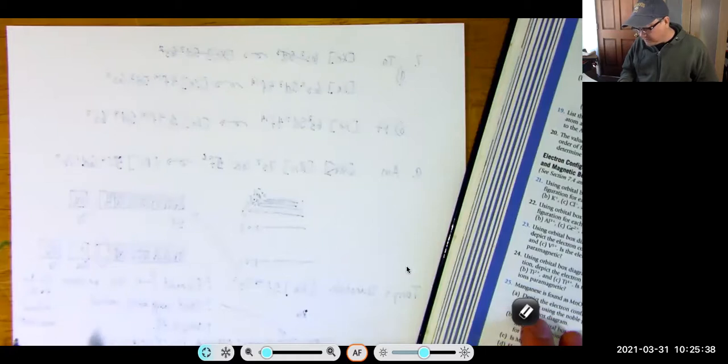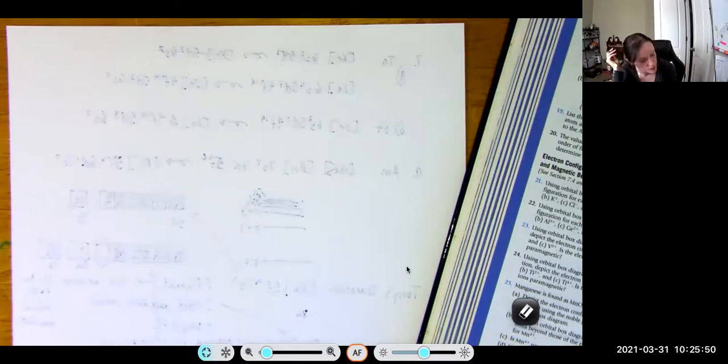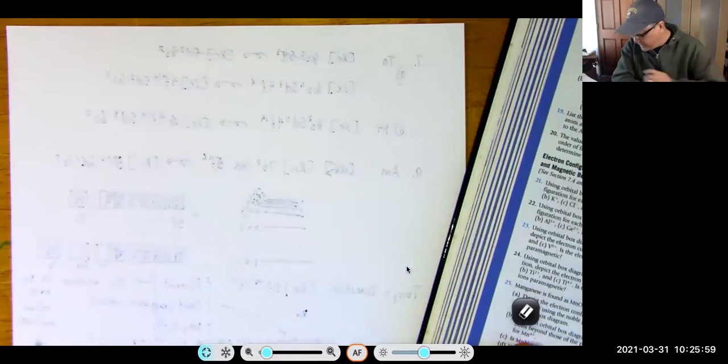So here, I'm not sure. Hang on a second. I want to read A and B again. For A, I just did the element, not the cation. I wish they had written that.